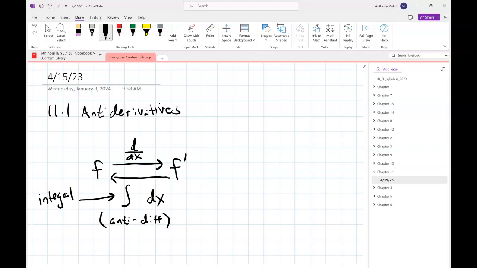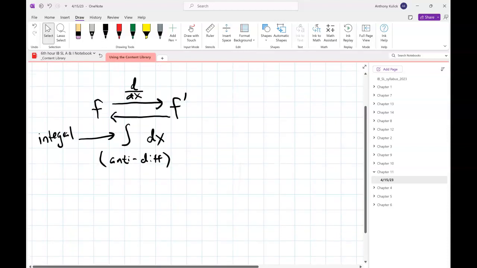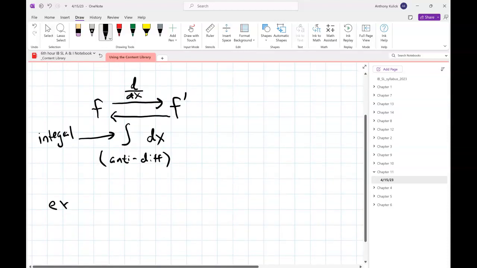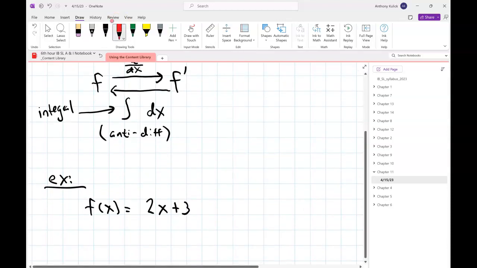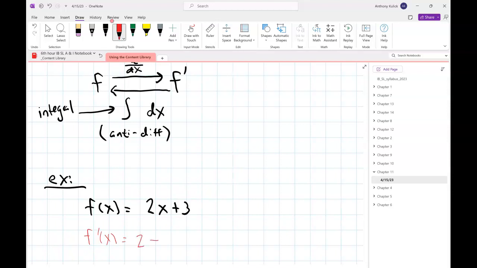But there's one little catch in this process. Let me just present to you why there's a little catch. Let's say f of x was 2x plus 3. So what is f prime going to be? 2 plus 0, right?